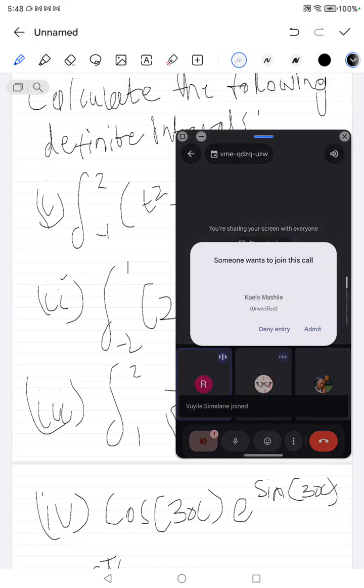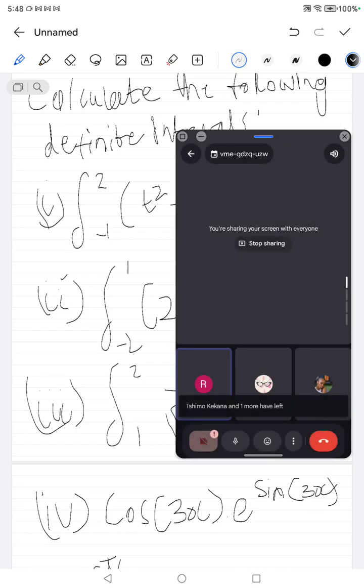So there was a request for me to start with number 3. Number 3, particularly which ones? Oh, you mean number 3 in these examples.